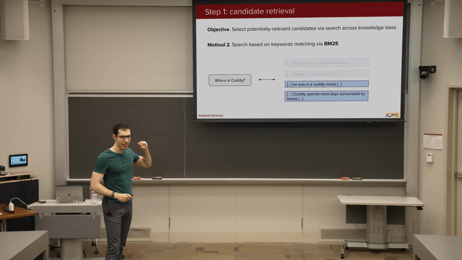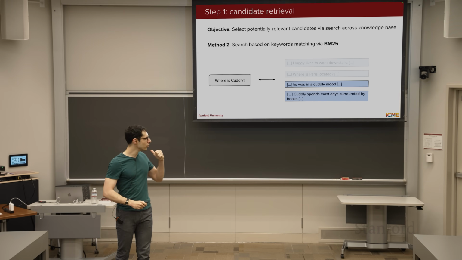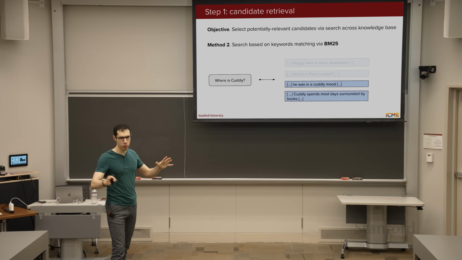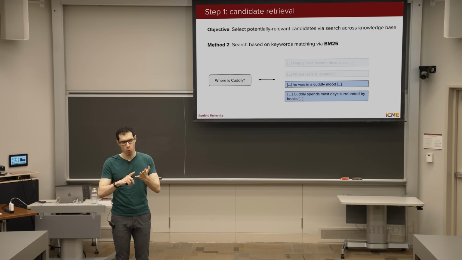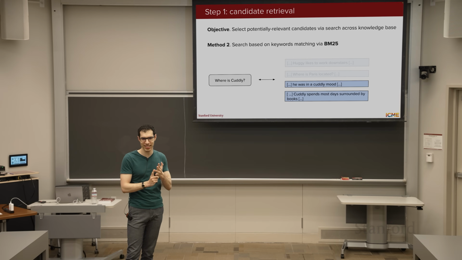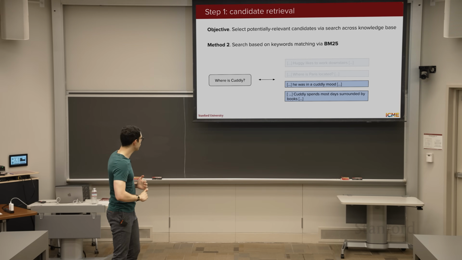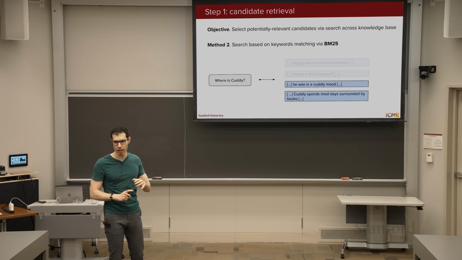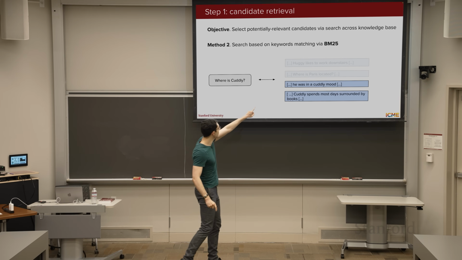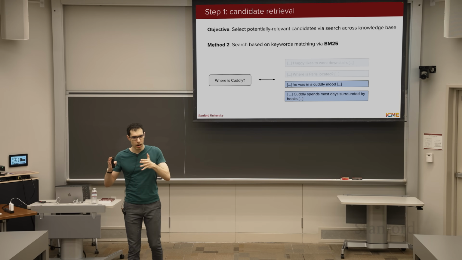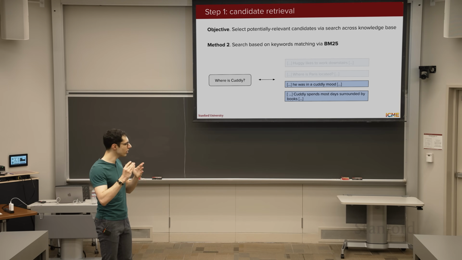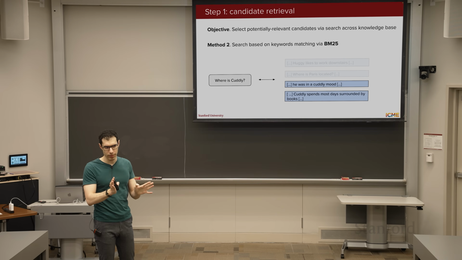Here I have an example that I passed super briefly for the previous one, and we will come back to it. Let's suppose we have two teddy bears. One is named Cuddly, and the other one is named Huggy. What you want is to figure out where is Cuddly. So this is your query. If you use BM25, the answers that you are going to get are, by definition, going to contain some overlap of words that were in your query.